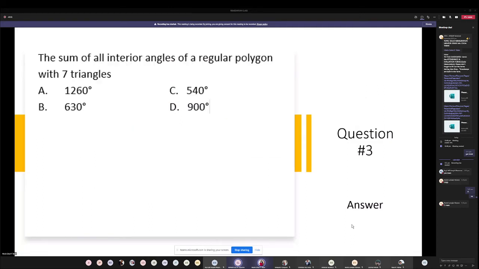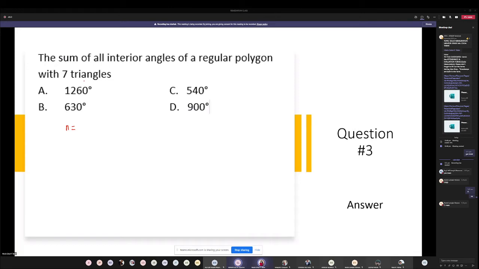So third question. The sum of all interior angles of a regular polygon with 7 triangles. So these are just direct substitution type of questions initially. So let n be the number of sides. So we are given a regular polygon with 7 triangles.